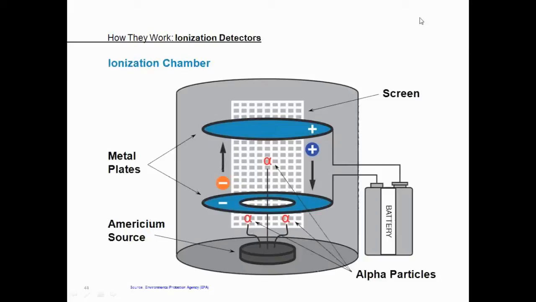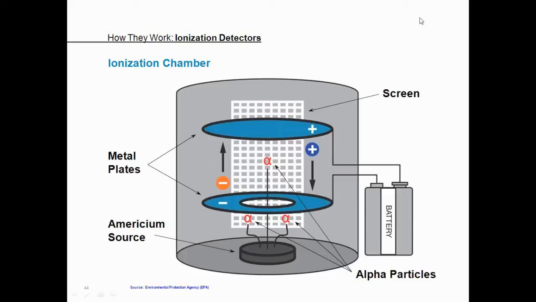Here are the ionization type smoke detectors. They are best at detecting small particle black smoke, which is typically caused by chemicals or hot flash fires and fires that you would find in industrial applications. The way they work is if you have a smoke-free chamber, there are positive and negative ions that create a small current as they migrate between the two metal plates.